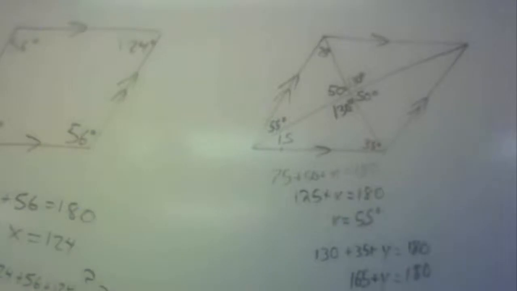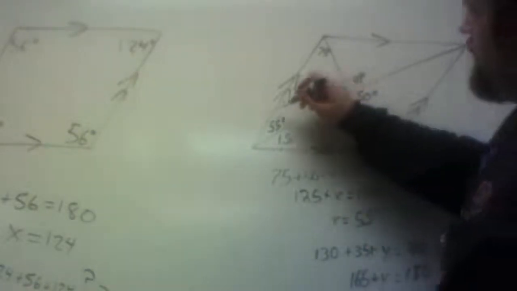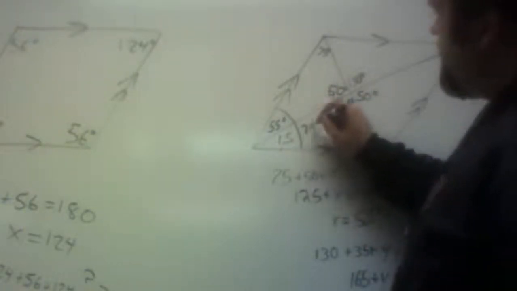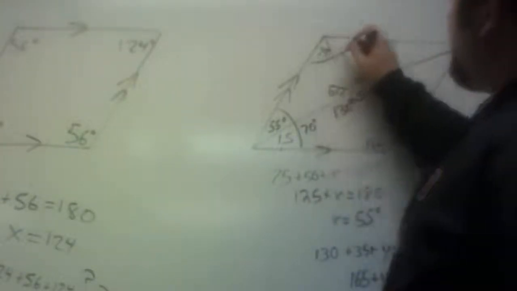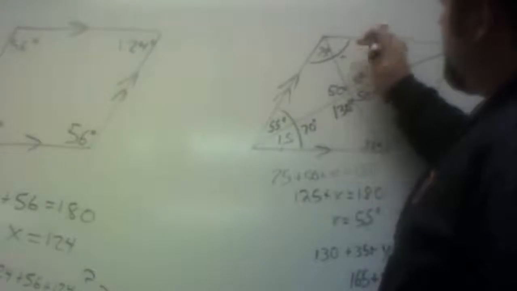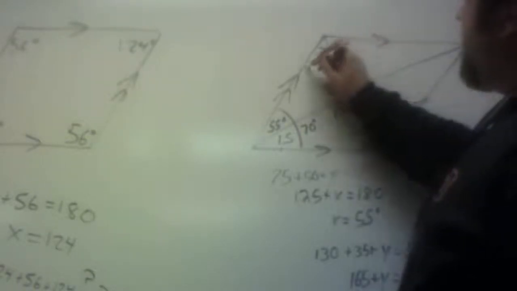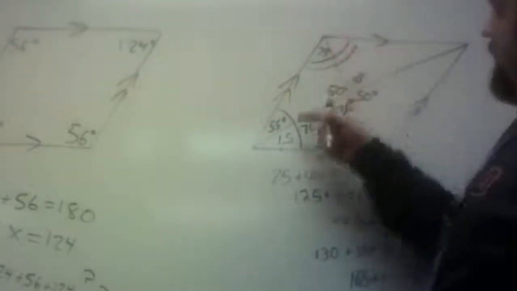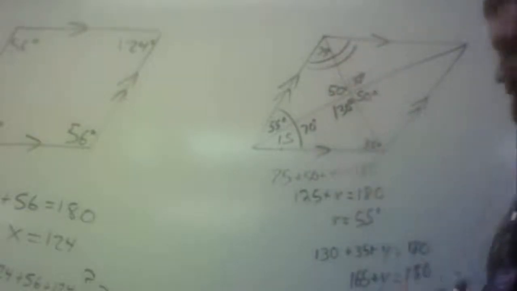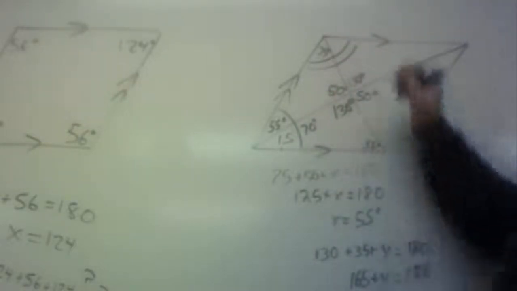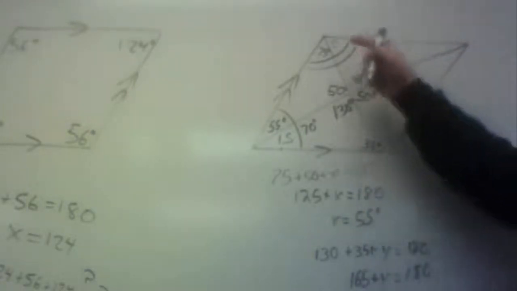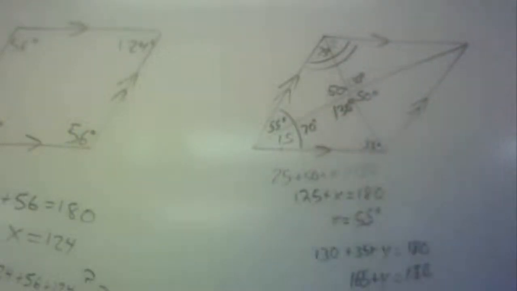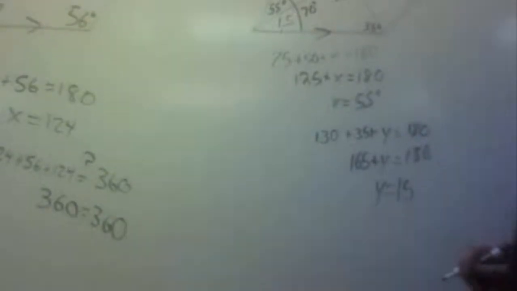Oh, I think I see something. This angle here is 70. And if I add it to this angle here, I should get 180. So when I add these two together, I should get 180. Wait, so let's call this here z. So if I add z plus 75 plus 55 plus 15, I should get 180 because the consecutive interior angles are supplementary.